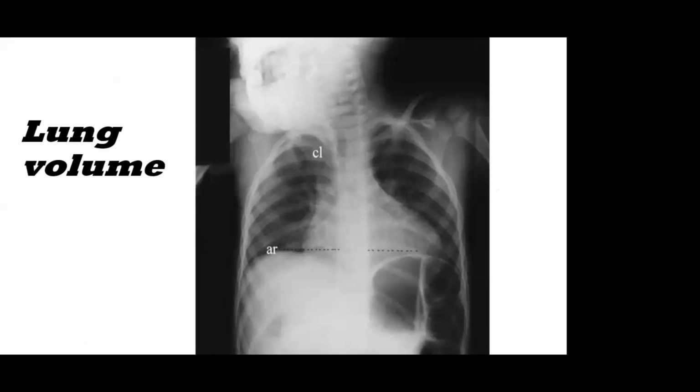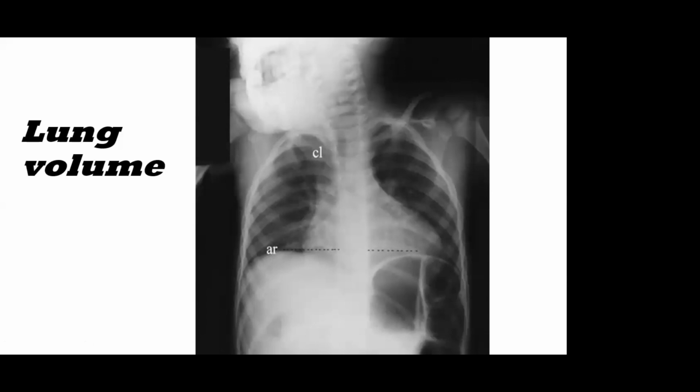How do you identify the lung volume, whether it is adequate or not? Also see the line of the crura of both diaphragms. The right dome of the diaphragm will be placed a little higher than the left one. Generally, a difference of up to 1 rib space is considered normal.